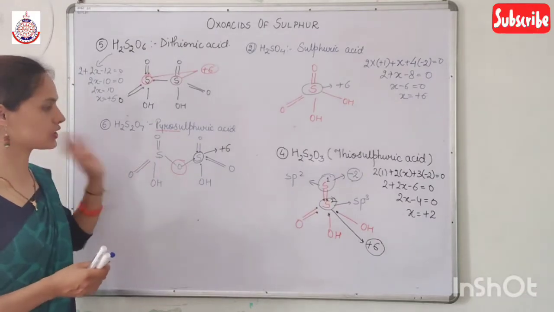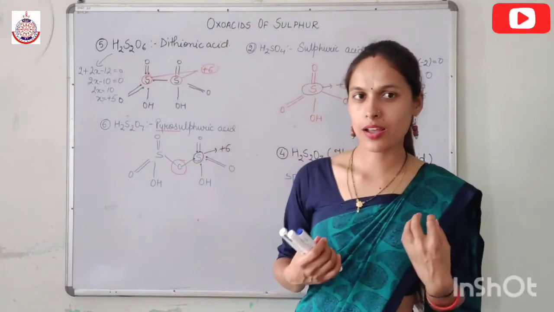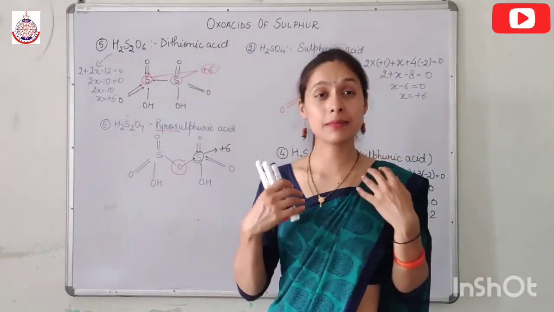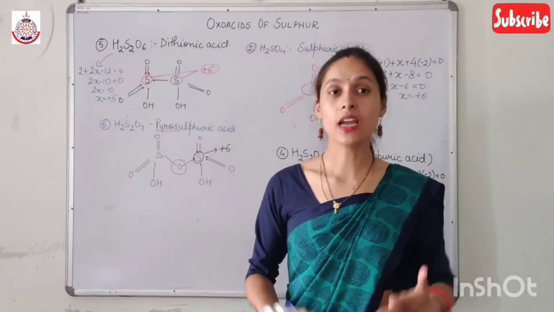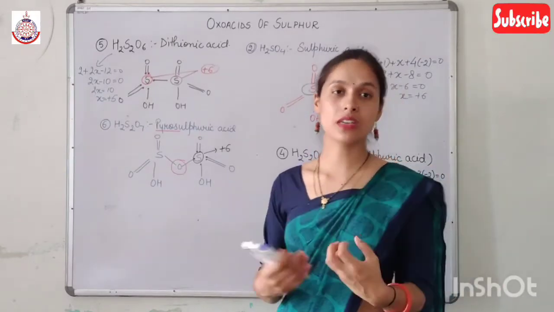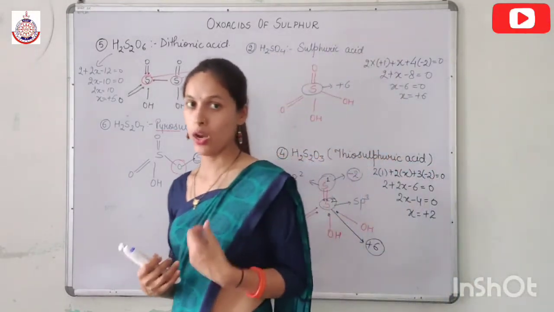And similarly, the oxidation state of this sulfur also becomes plus 6. So it's the simplest trick with the help of which you can easily calculate the oxidation state of the central atom from the structure of that particular compound.